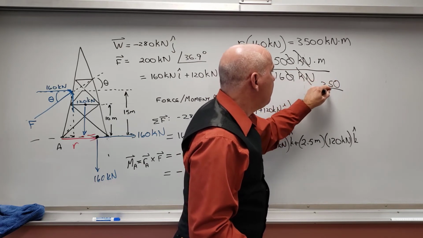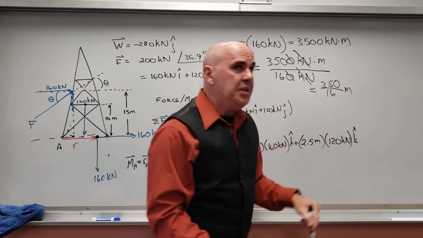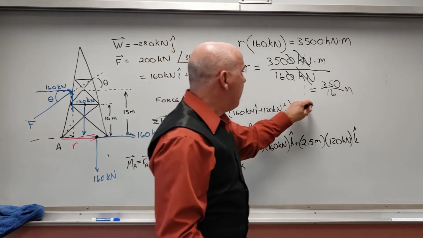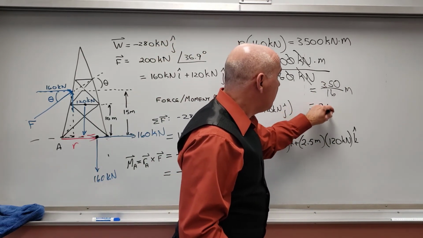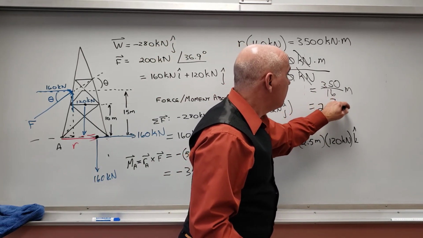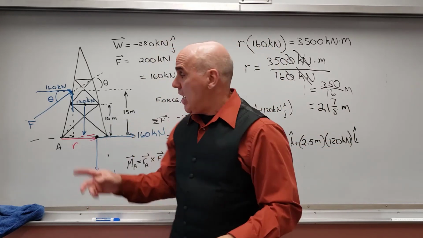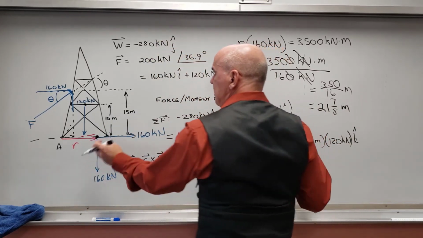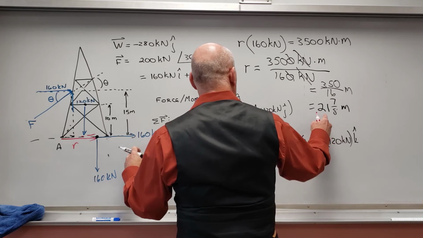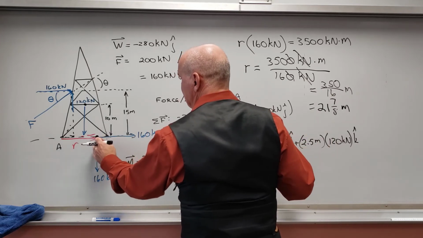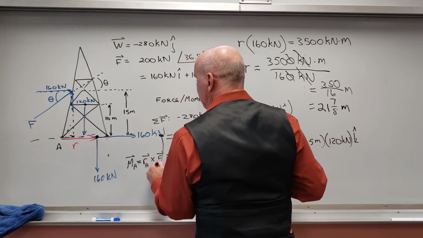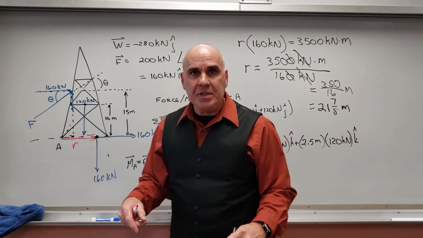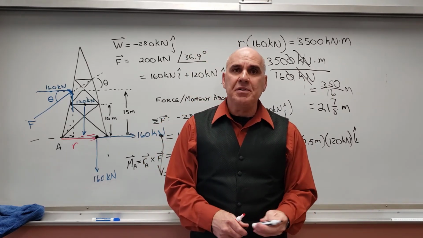Right, 350 over 16 meters, right? And if I did my math correctly, that's 21 7/8 meters to the right of A. So it's actually going to be way over here, right? So this is not the correct distance. It's going to be someplace over here. And yeah, 21 7/8 meters, right?